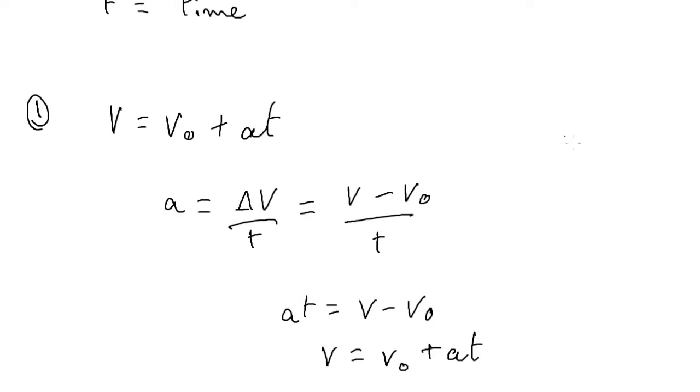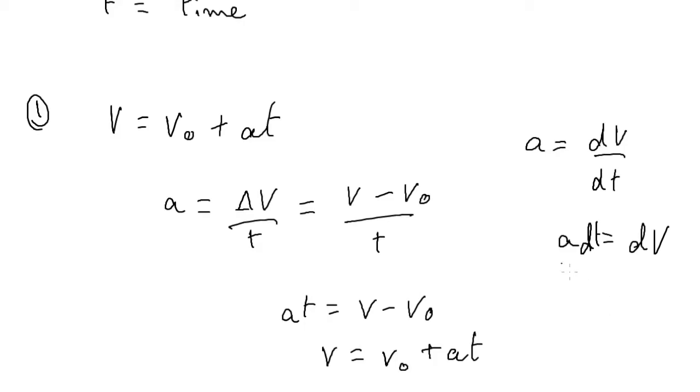Now, you can also find this through calculus. Acceleration, as I've defined it here, is the change in velocity divided by time. Now, as the time interval gets infinitely small, your acceleration can be defined by dv/dt. So, multiply both sides by dt, and you get acceleration times dt is equal to dv.